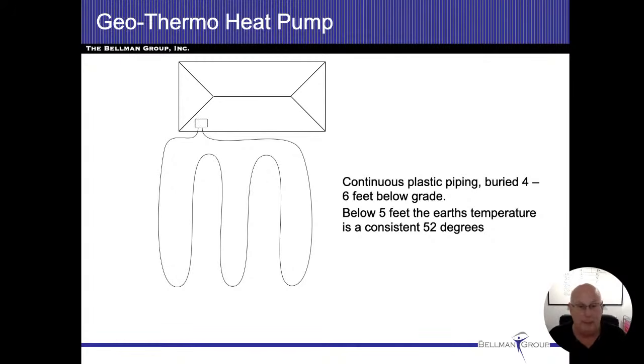If I want to use it as a heat pump, I'm going to absorb heat from the air outside, and I'm going to discharge heat to the air inside. If I'm doing a geothermal, like what we're seeing in the diagram, I'm going to absorb heat from the earth, and then I'm going to discharge that heat to the air inside the house.